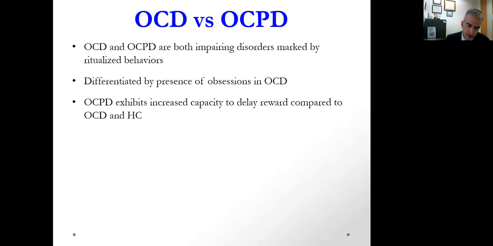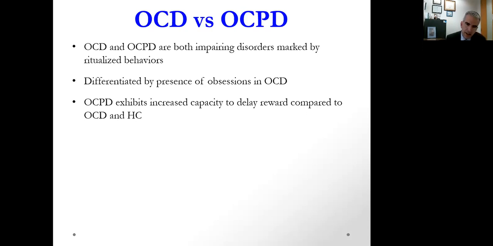And what we found in a robust way is that people with OCPD differed from individuals with OCD and from healthy controls in that they had an increased capacity to delay reward. So what that means is that they were given a series of choices: would you rather receive some amount of money today versus a slightly greater amount in the future?